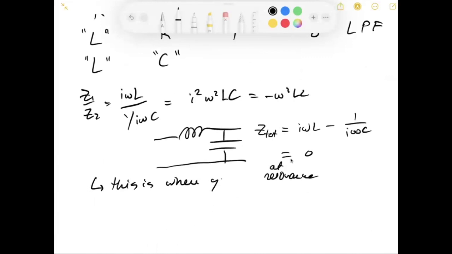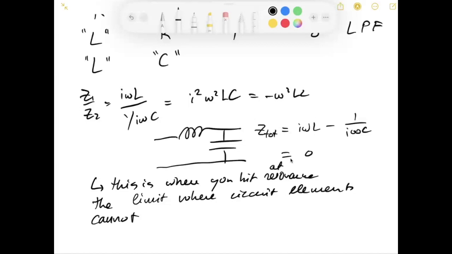So this is usually where you hit the limit where circuit elements cannot reasonably be expected to be ideal.